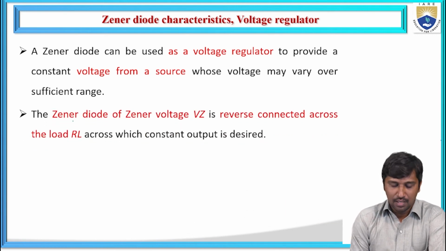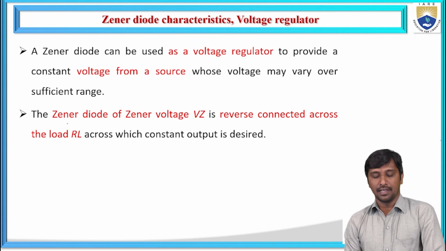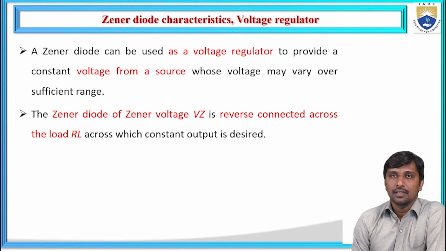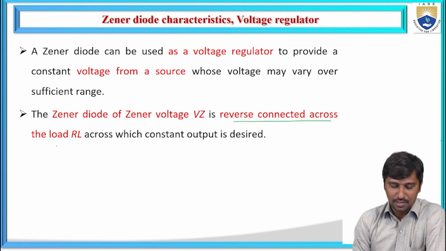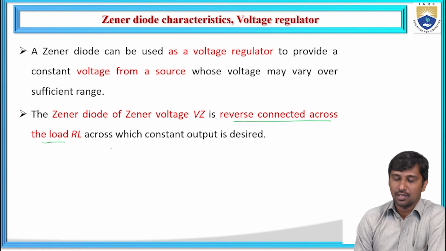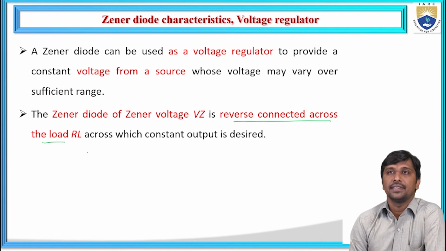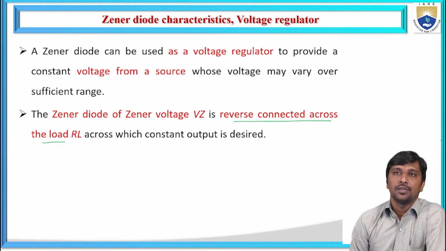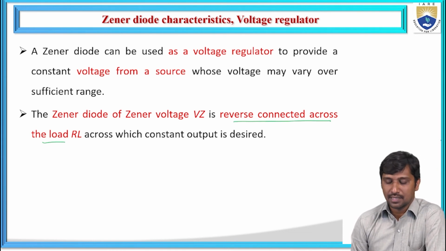To satisfy this voltage regulator, we need to connect the Zener diode under reverse bias. That is the reason the Zener diode is reverse connected across the load resistance to maintain a constant output voltage. So the Zener diode must be under the reverse bias condition only.